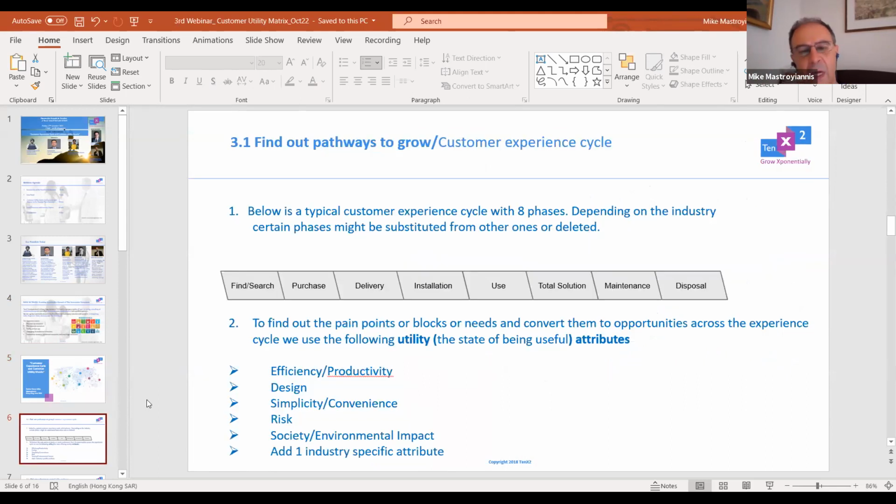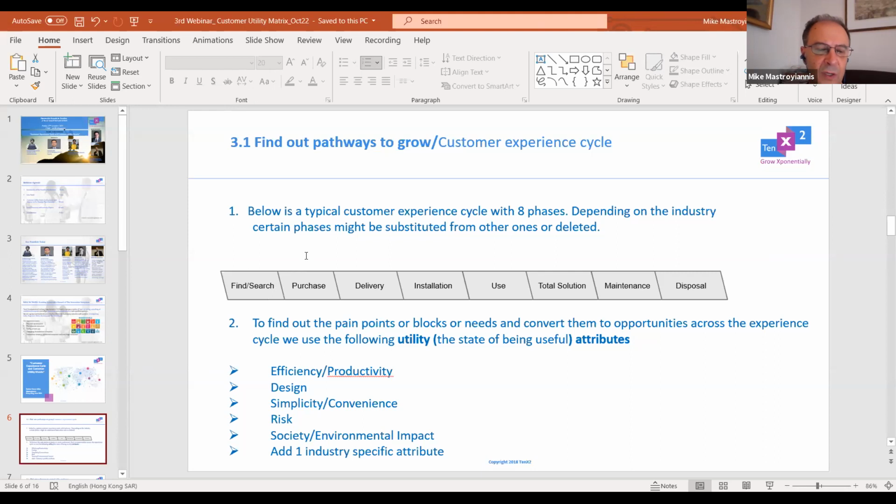Every industry has, and every customer follows, a number of stages. We call it the customer experience cycle. Here we depict only 8 phases, but in other cases this can be 6 or 9.